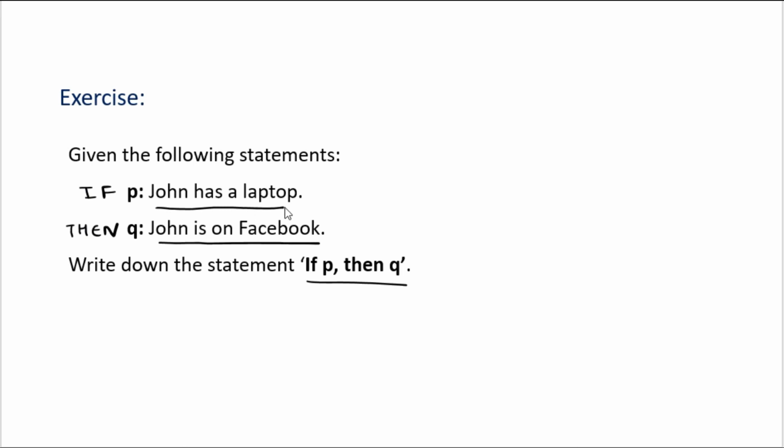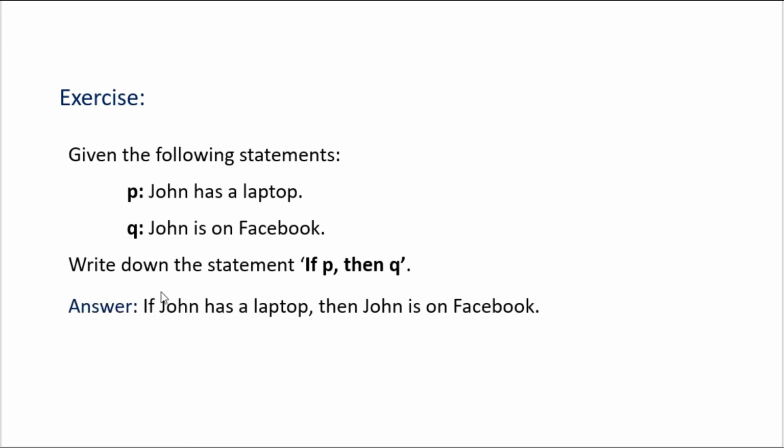So the answer in this case will be if John has a laptop, this part is P, then John is on Facebook, which is Q. This is if P, then Q.